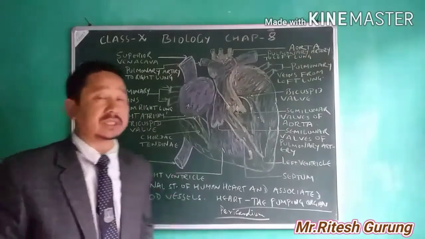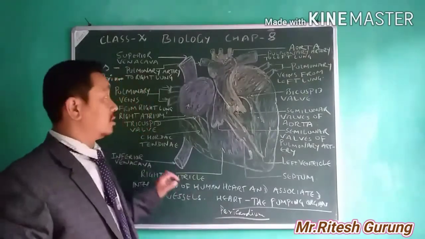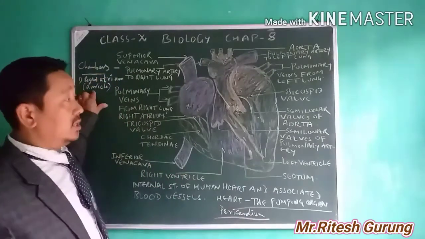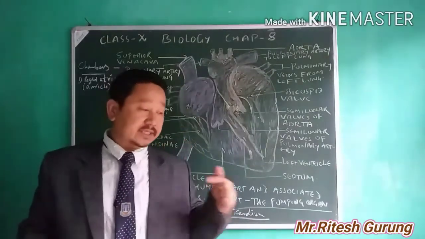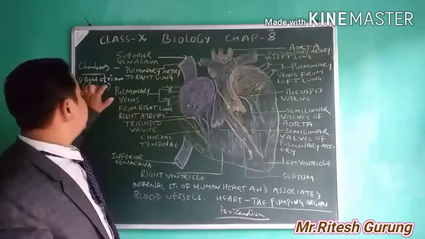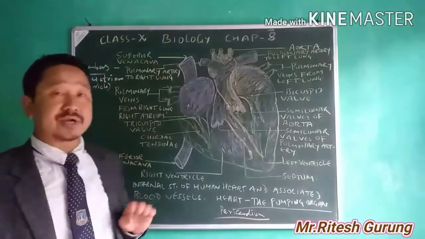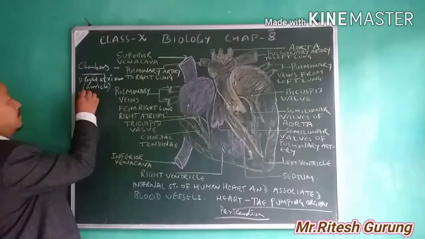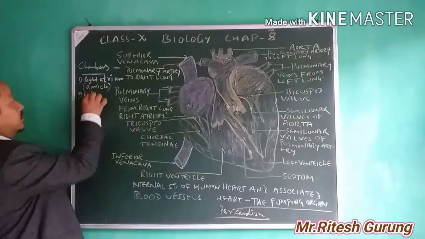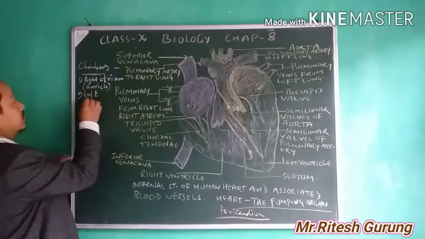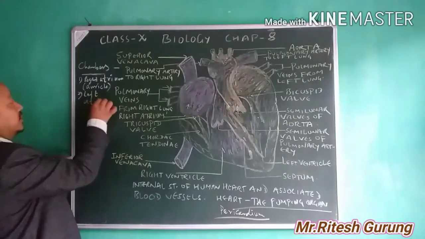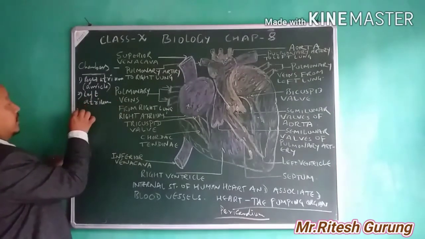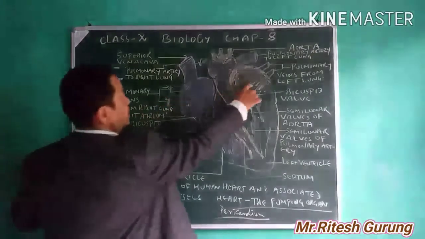Perhaps till the last standard you were acquainted with only the term auricle, but in class 10 we know it by the other name also, atrium. Right atrium means right auricle. Then your left atrium.